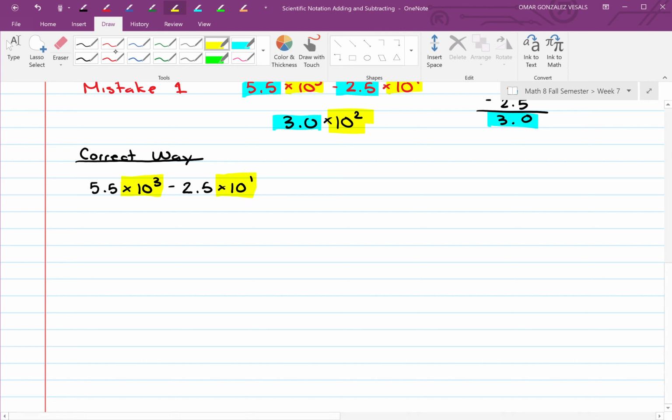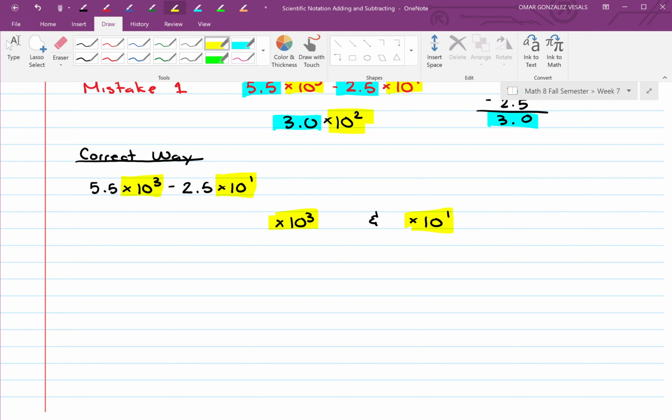So I have times 10 to the third, and then I have times 10 to the first. We have two different exponents, don't we? I want to have the same exponent. Okay, so we have to decide which exponent we want to go with.